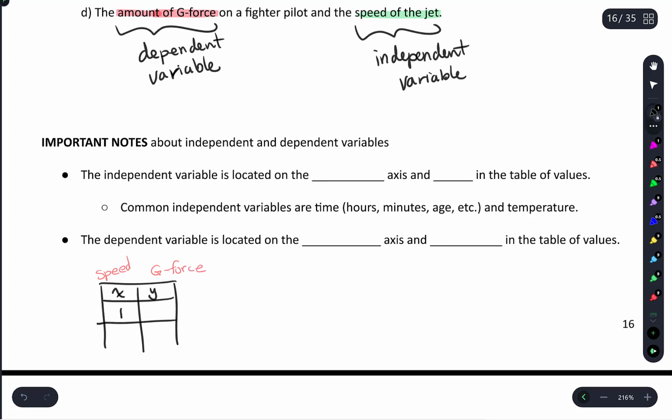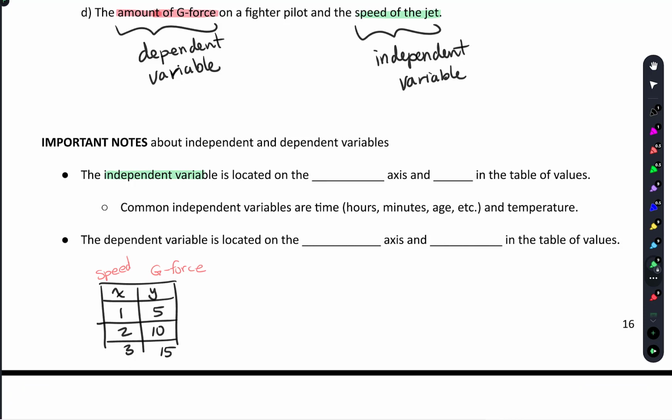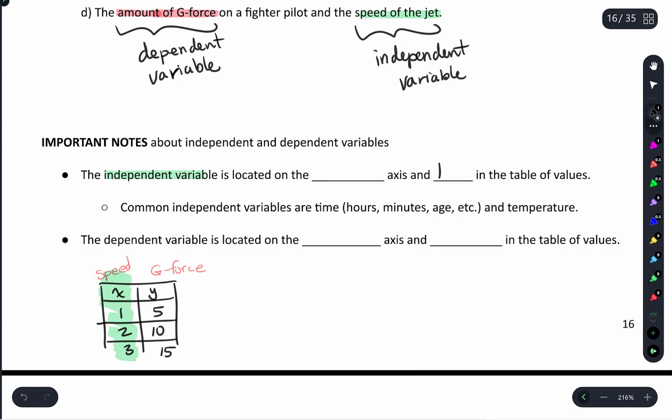So let's say like 1, and this might be 5, and 2, and might be 10, and it might be 3 and 15. The independent variable is located on the X. So it's always on the left side of that table. So we're going to say the left side of that table. Whereas the dependent variable, that's the one on the right, will always be on the right side of our table of values.